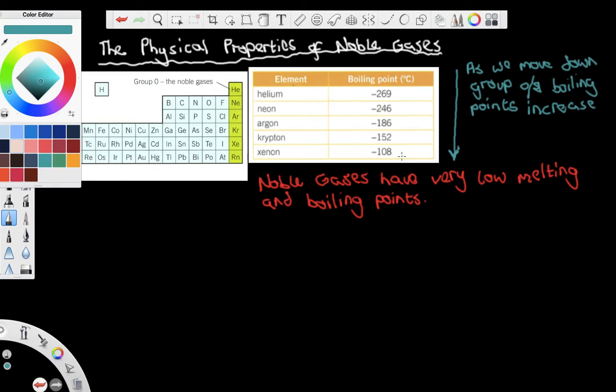Now, the noble gases are colorless gases at room temperature. Okay? So at room temperature, they are a colorless gas.